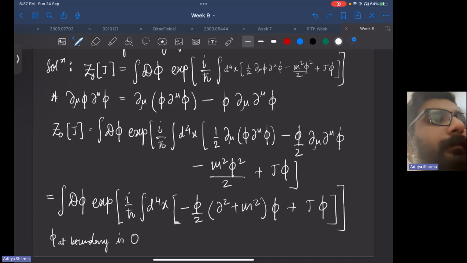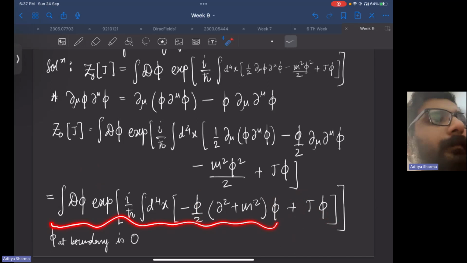This is nothing but the same integral. So when J is 0, you're not going to have this term, and you're going to have only this term. And this is the same thing as what we are getting now. What we have in our equation is that this phi is not phi now, it is eta, and this part is not there.